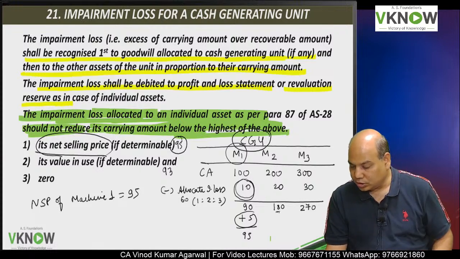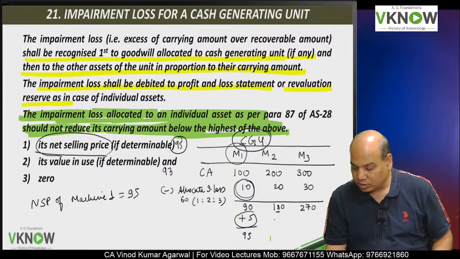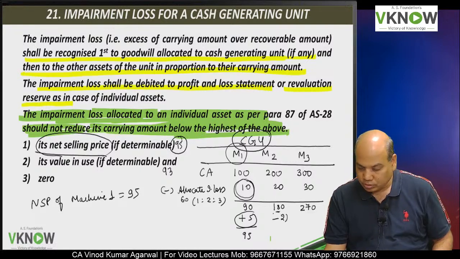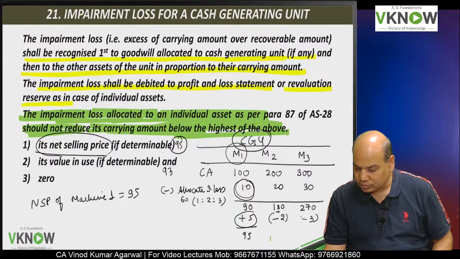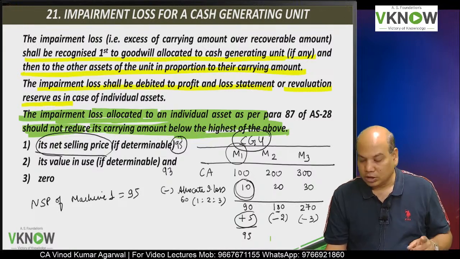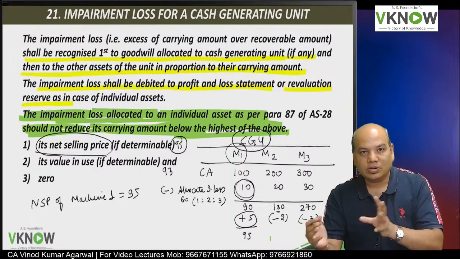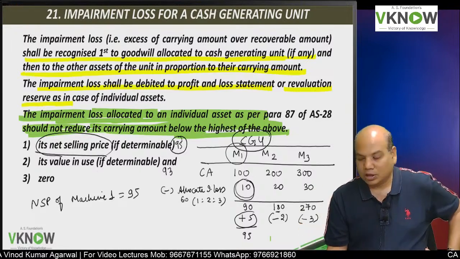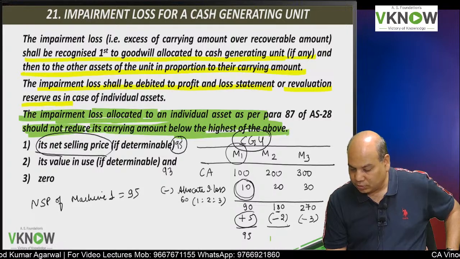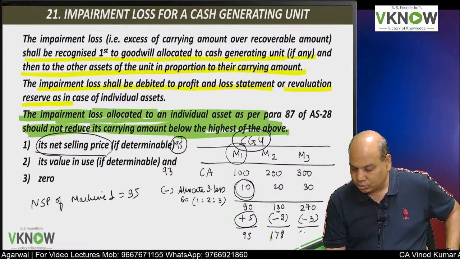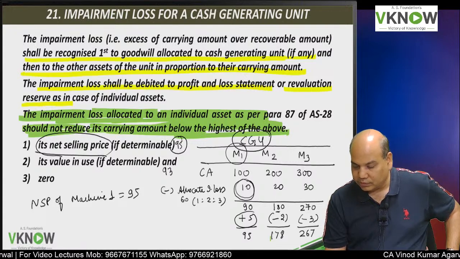So what is the ratio here? 2:3. So maybe I can allocate 2 and I can allocate 3. What cannot be allocated to machine 1 will be transferred to machine 2 and machine 3. So the carrying amount will become now 178 and 267.